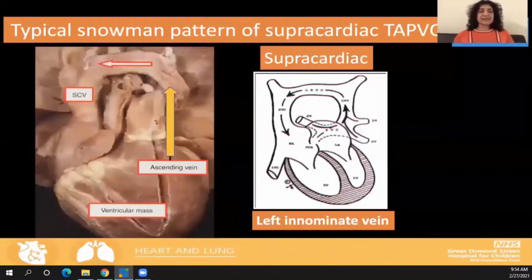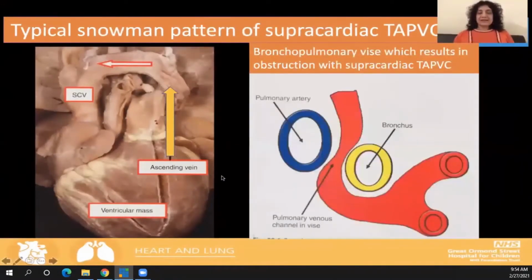This is a typical snowman pattern of supracardiac TAPVC. Here you can see that the pulmonary venous confluence is draining via an ascending vein into the brachiocephalic vein and into the SVC. And this is what one typically describes as a bronchopulmonary vise, where there can be obstruction of this pulmonary venous channel between the pulmonary artery and the bronchus.